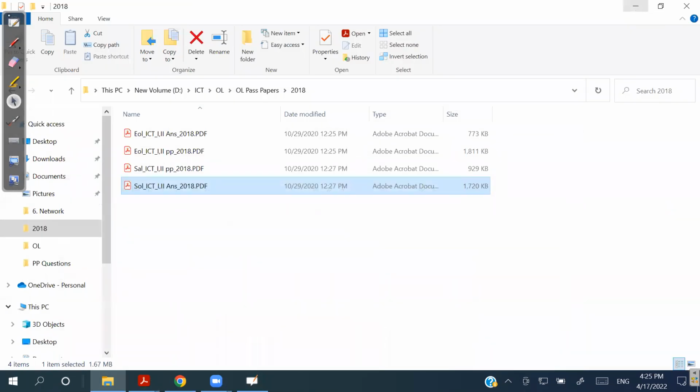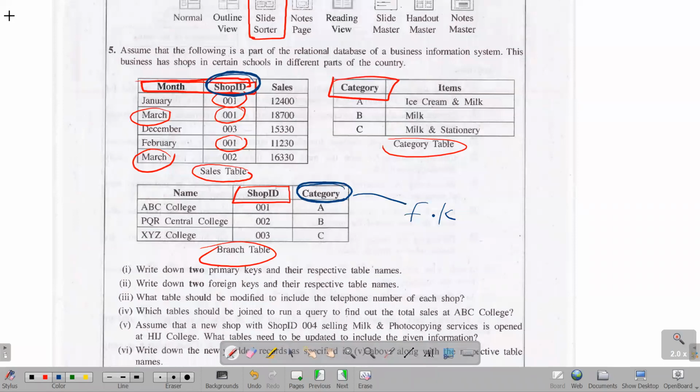Right, and the question asked is which tables should be joined to run a query to find out the total sales at the ABC college?